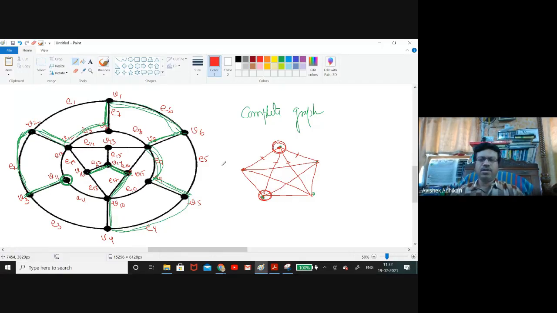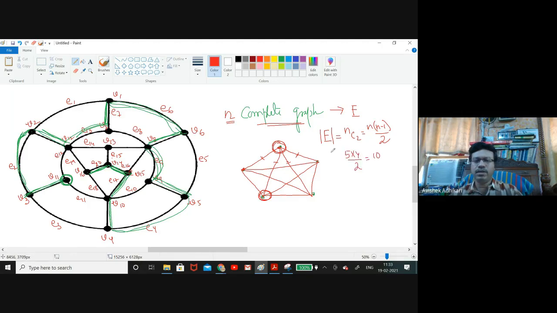So in case of complete graph, the question is how many edges are there? In our last class, we have already discussed it. If E is the edge set of this graph, then the order of E is equal to how much? Suppose we had n vertices, then the number of edges was nC2, that is n into n minus 1 by 2. For example, here n is 5, so n choose 2 must be 5 into 4 by 2, that is 10.